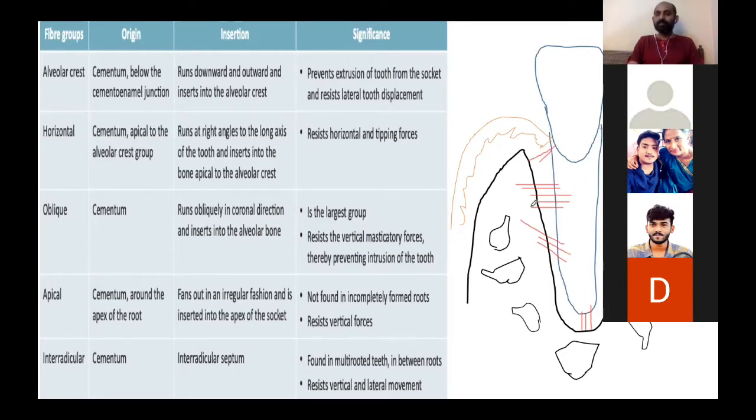They are called as the principal fibers of the periodontal ligament, and they are given different names based on their origin and insertion, or based on their location, and they serve a different function. And the different groups are the alveolar crest fibers, the horizontal fibers, the oblique fibers which form the major bulk, you have the apical fibers and you have the interradicular fibers.